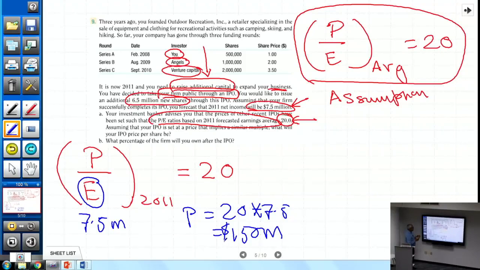Now, how many shares are already outstanding? If you add these up, there are 3.5 million shares outstanding, and you intend to issue an additional 6.5 million.